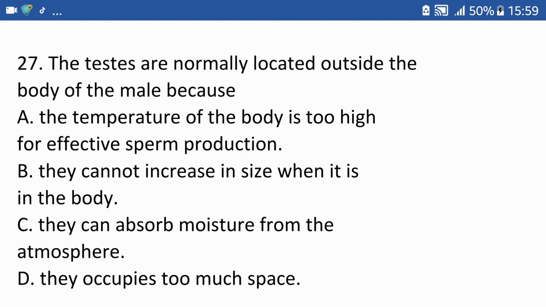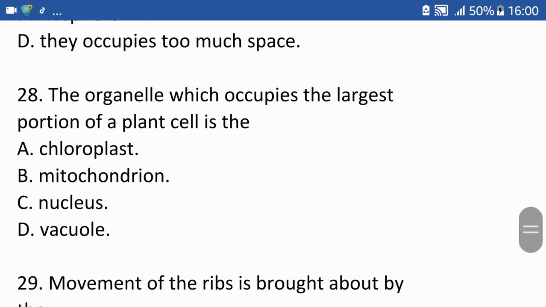Twenty-eight, the organelle that occupies the largest portion of a plant cell is the.